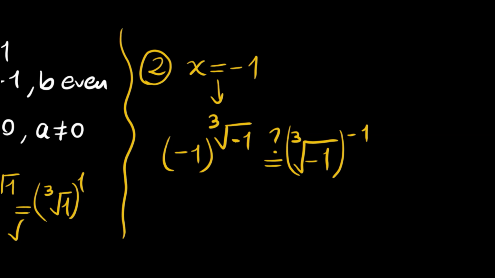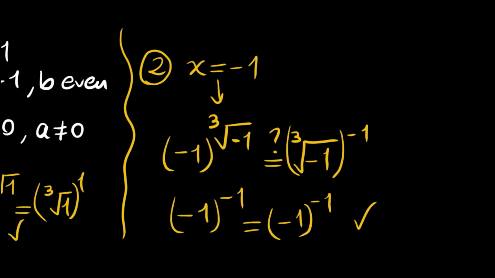The cube root of -1 is equal to -1, and -1 to the power of -1, which is an odd power, is equal to -1 again. Here we also have -1 to the power of -1. So no problem. This is also a root.